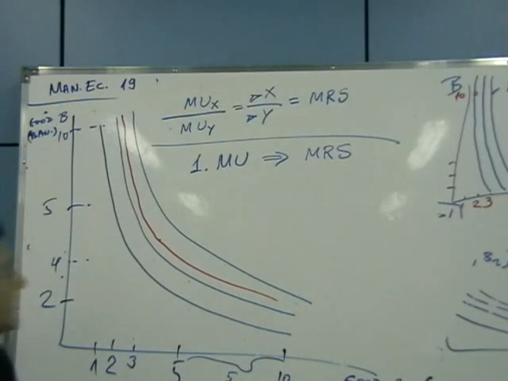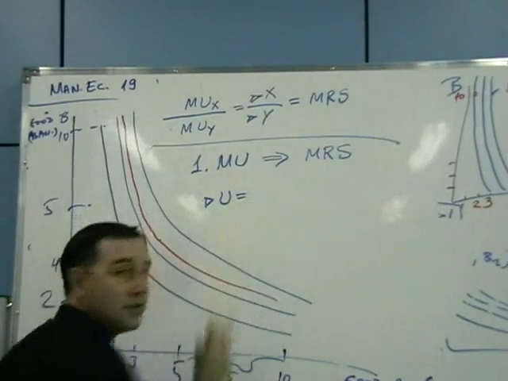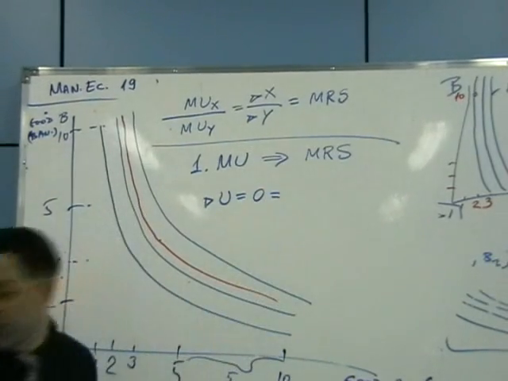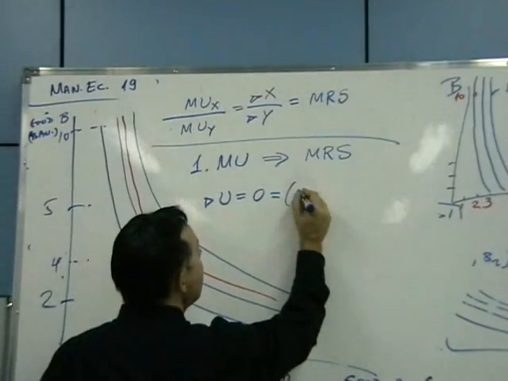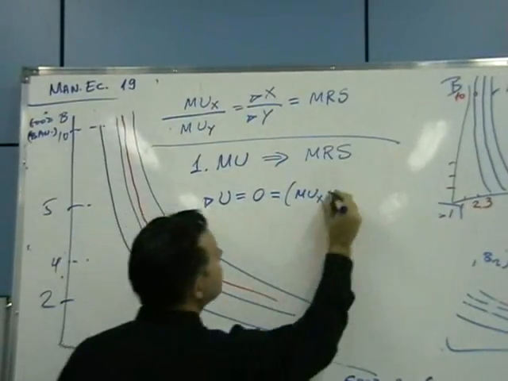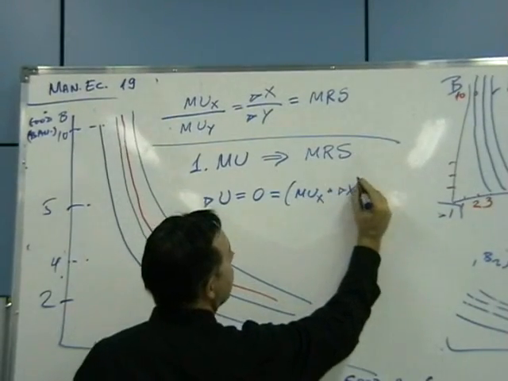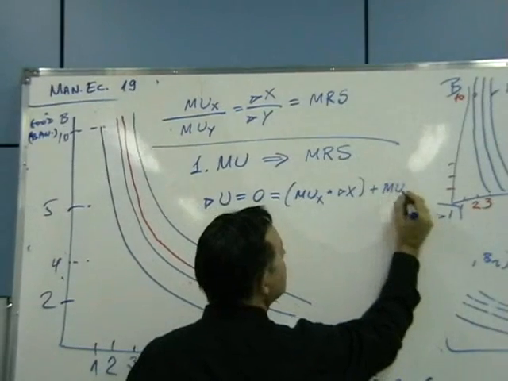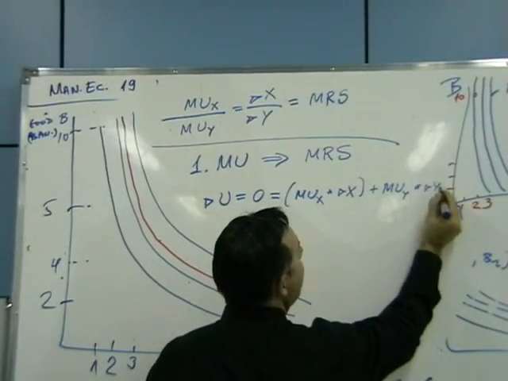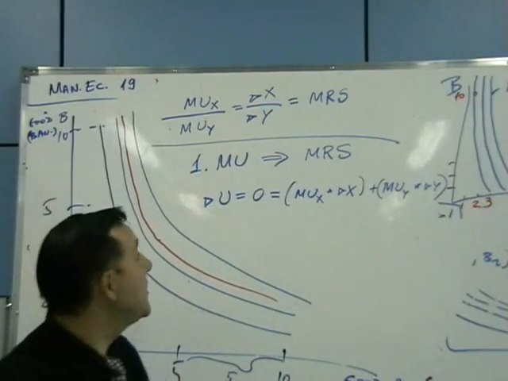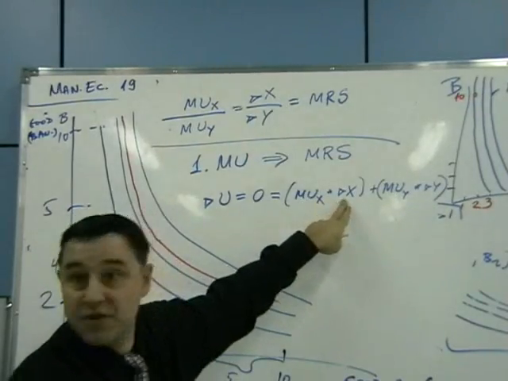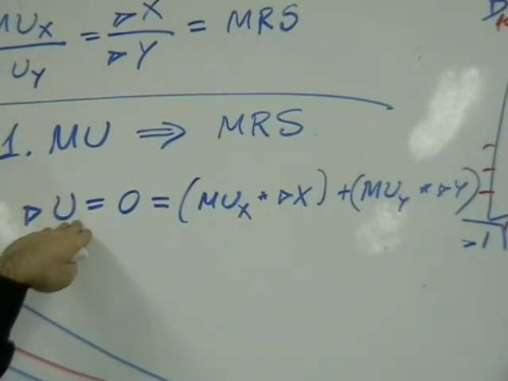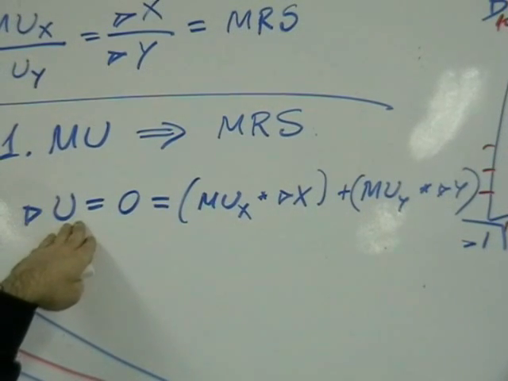At 168, they say delta U, delta utility, equals, in this particular case we keep it to 0, is equal to the full derivative: marginal utility of X multiplied by delta X, plus marginal utility of Y multiplied by delta Y. So it's simply the marginal utility of X times the change in X plus the marginal utility of Y times the change in Y. Have you done any of this in math or not really? No, this looks totally foreign to you.